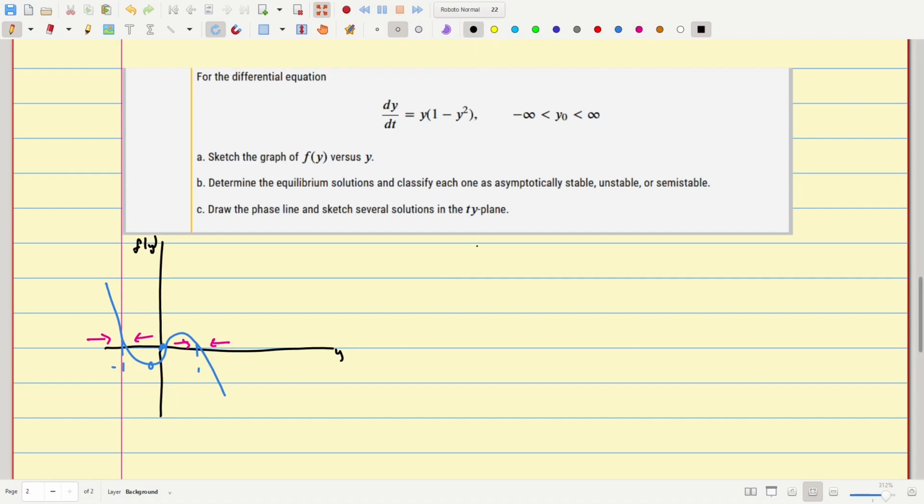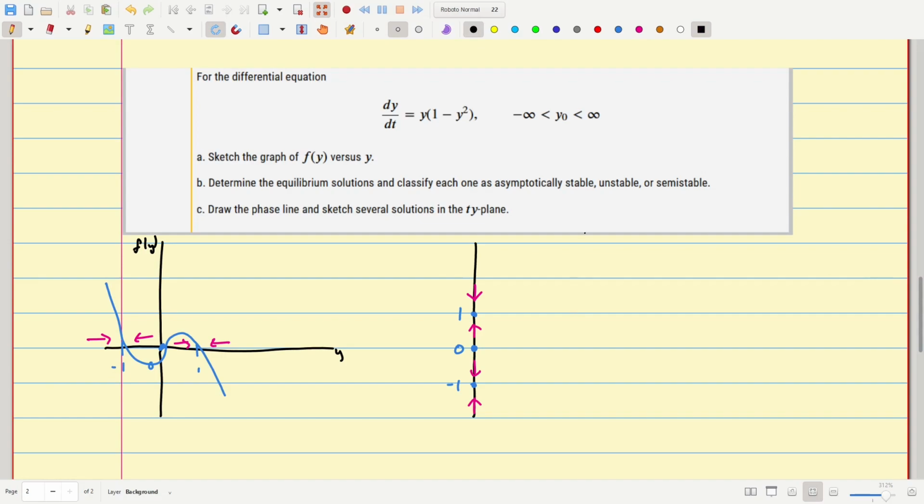What this allows us to do is create our plot for the phase line. And so if we have here 0, and -1, and 1, which are our equilibrium solutions, then we increase down here, decrease down here, increase here, and decrease here.